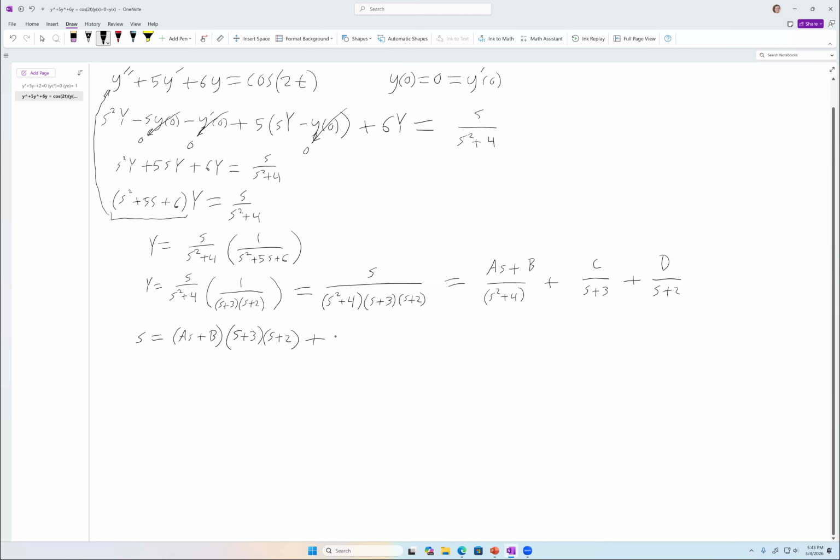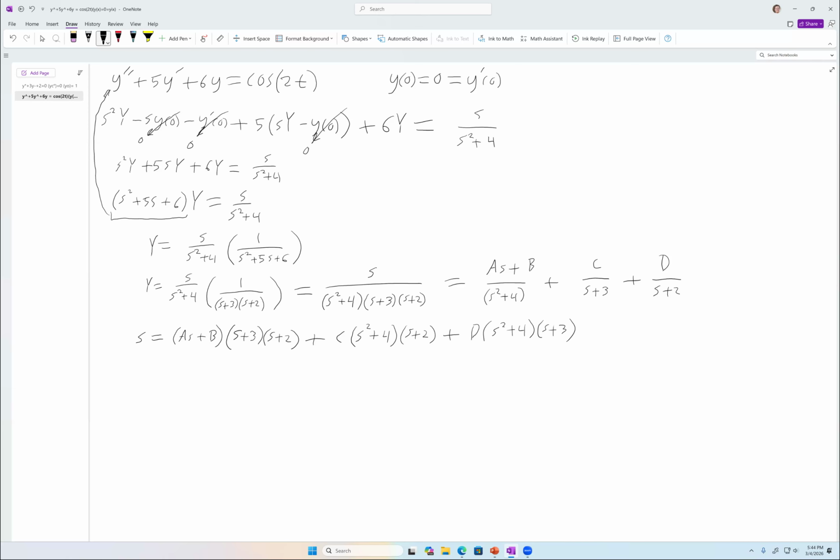And then we're going to add C times (S squared plus 4) times (S plus 2) plus D times (S squared plus 4) times (S plus 3). Okay, so that's a monstrosity we have to deal with.